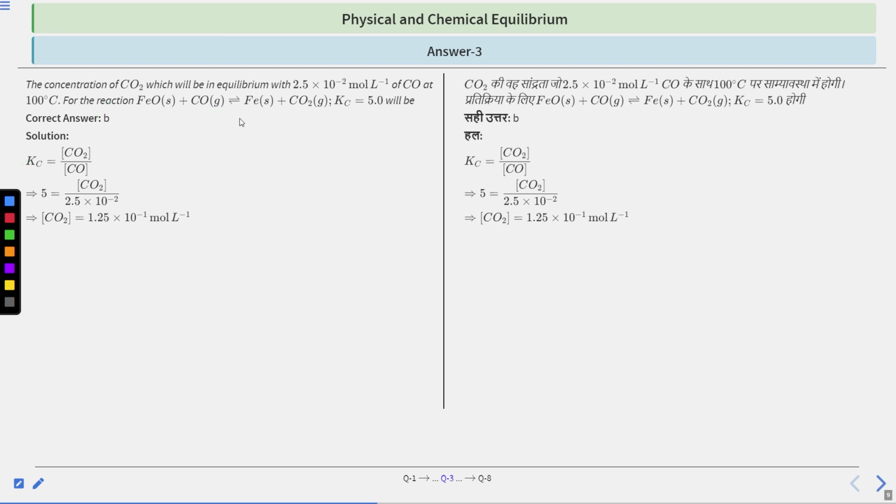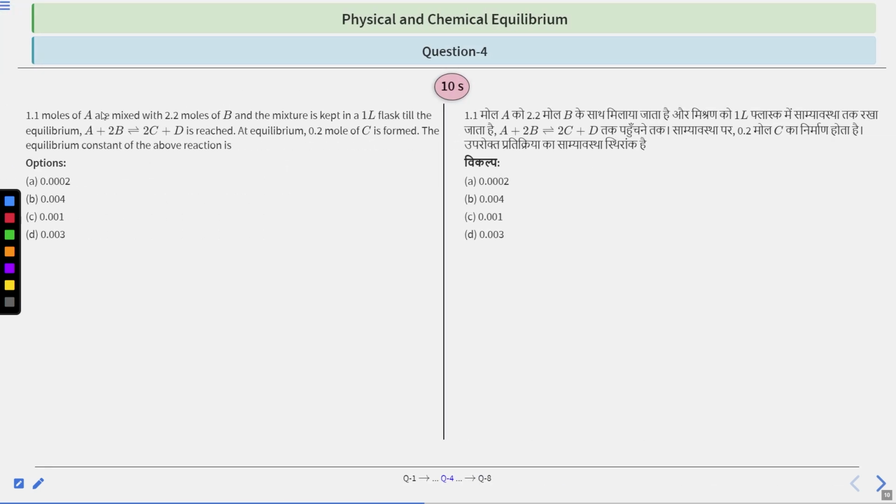Okay, so let's move to the next question, question number 4. 1.1 moles of A are mixed with 2 moles of B and the mixture is kept in a 1 liter flask till the equilibrium A plus 2B will give you 2C plus D is reached. At equilibrium, 0.2 mole of C is formed.